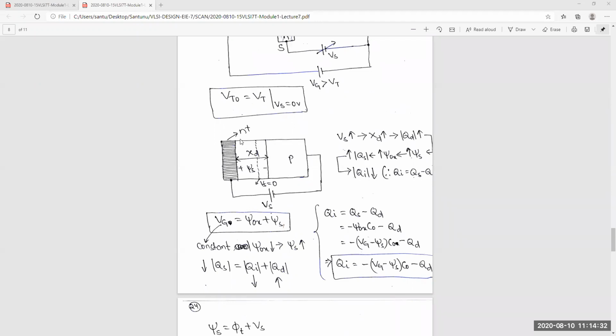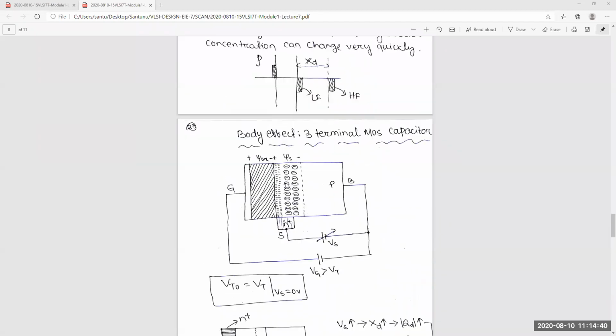This Qi at the interface, at threshold voltage, this part is the total charge Qs, this is the depletion charge Qd, and this is the inversion charge Qi.